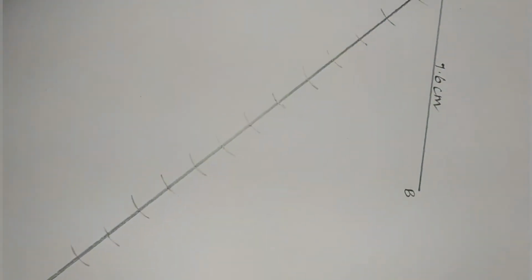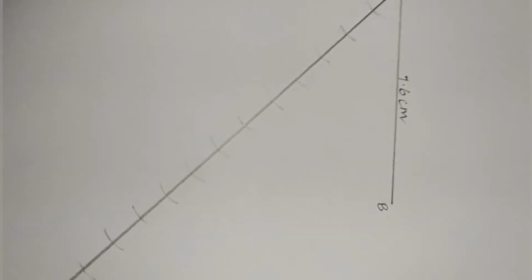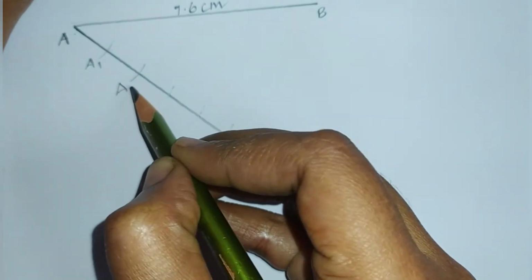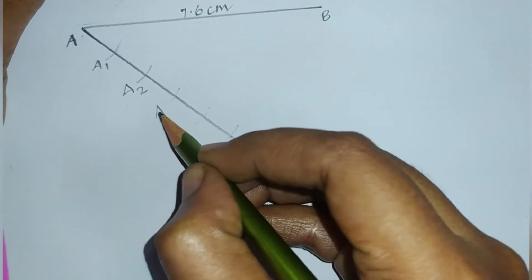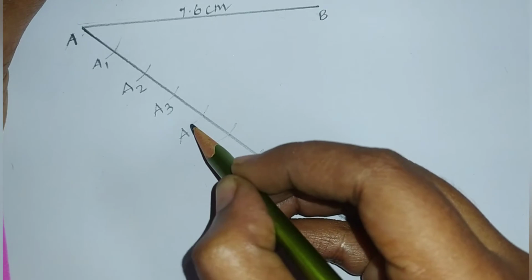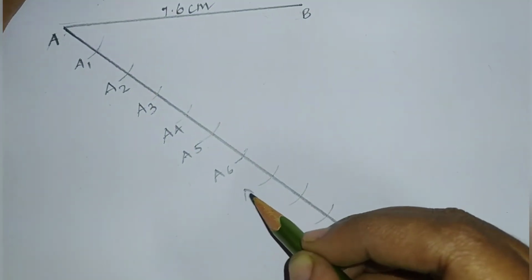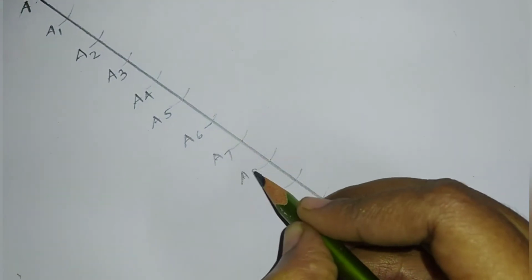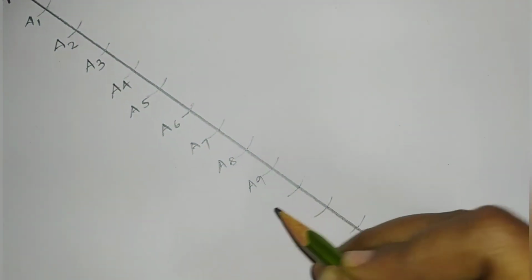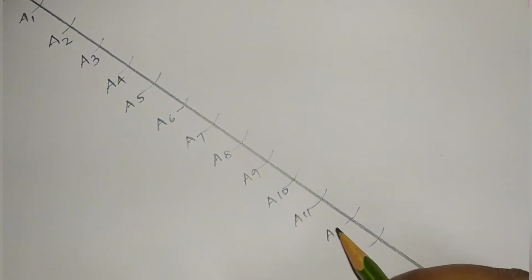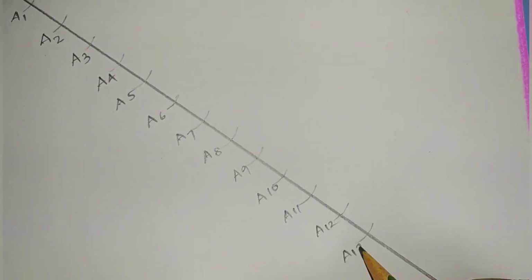So we divided into 13 parts, and write these as A1, A2, A3, A4, A5, A6, A7, 8, A9, A10, A11, A12, A13.